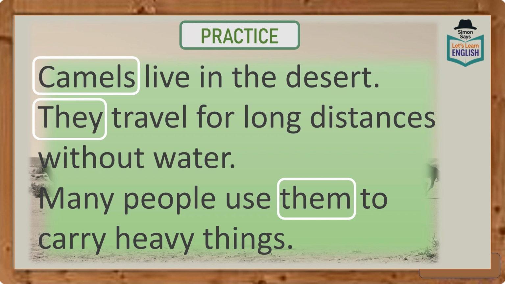Well, they replace the noun camels. What about the two verbs? Now, the verb that comes after the subject pronoun is the verb travel. And as for the verb that comes before the object pronoun, that's the verb use.